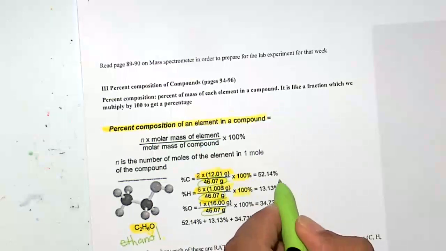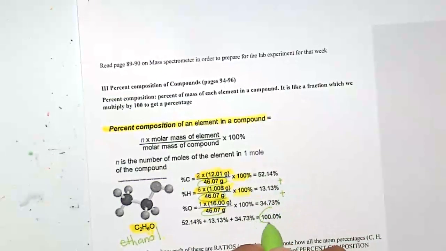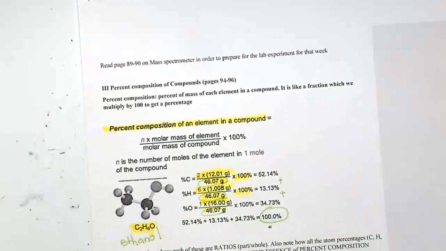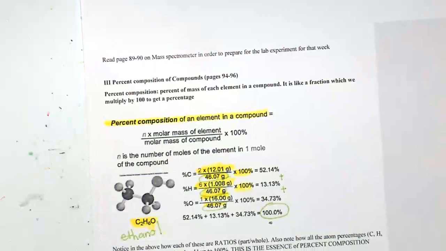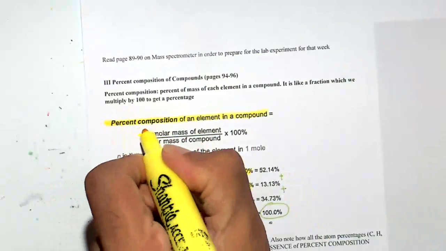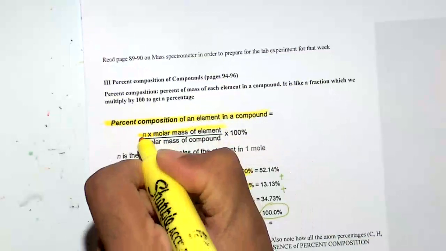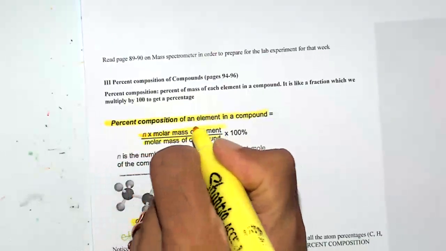This is the percent oxygen. So you add all these up, you'll get 100%. Percent composition must all add up to 100%. Take the molar mass of the element and divide it by the molar mass of the compound.